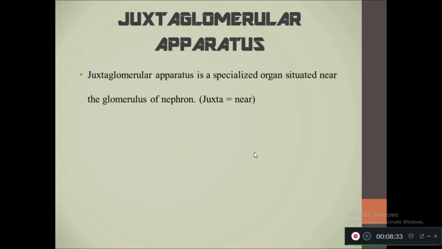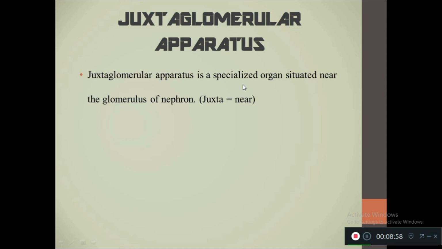Next we go to the second question, juxtaglomerular apparatus. For many students this looks like a very difficult question, but it is an easy question. In order to study this question, you should visualize the picture of the nephron in your mind.